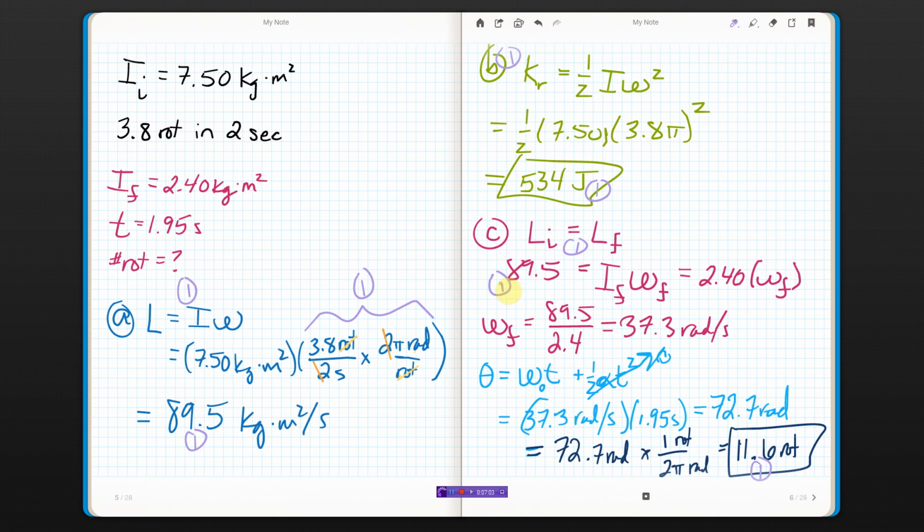So this way, if you get part A wrong, and you put that wrong answer in the correct place in part C, you'll still get a point. And then let's see, I think that's 8. Let's do correct units on parts A and B.